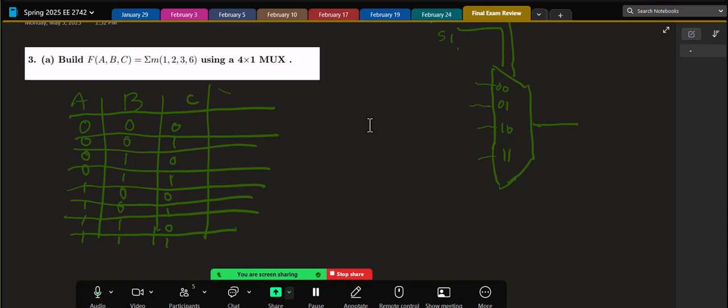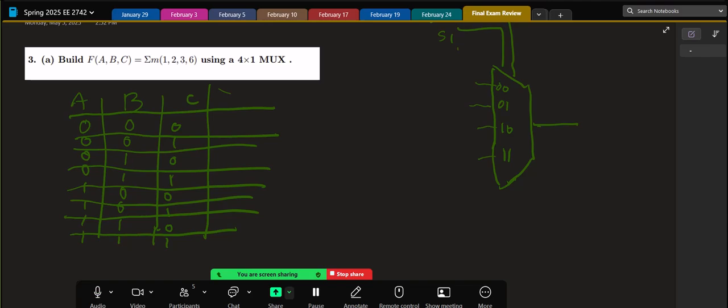But anyone else want to try? I believe this is all of the inputs that are listed, so 0, 0, 0, 0, 0, 1 is going to be a 1, and row 1, row 2, row 3, row 6 is going to be 1, everything else is going to be 0. You got it.